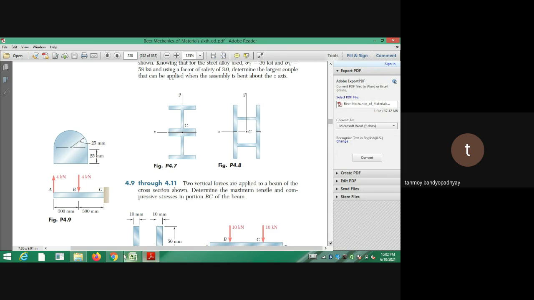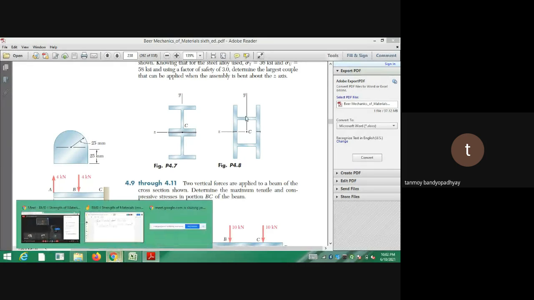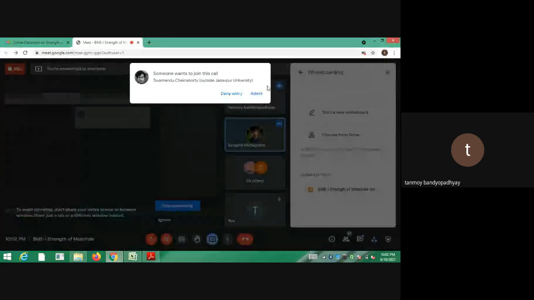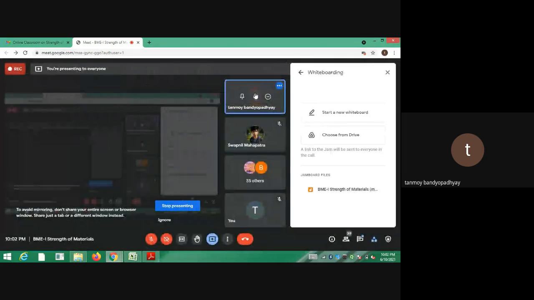So let's do a bit of calculation to show that. Sir, please see if someone is trying to join or not. I'm getting messages actually. Okay, one person has joined. Is anyone else messaging? Anyone else? Just wait one minute. Because if I switch screens I cannot see who is trying to join and who not.